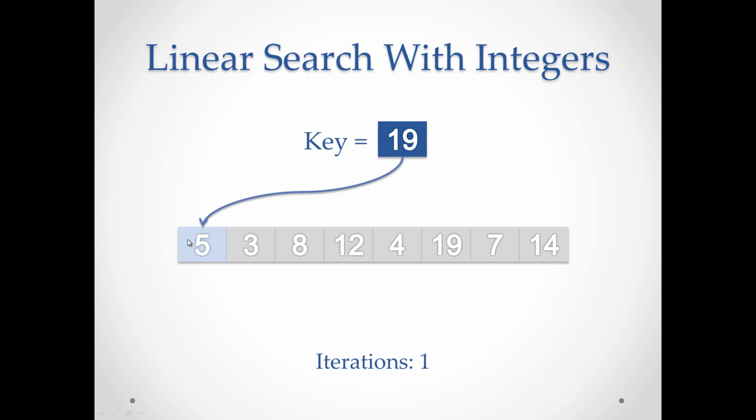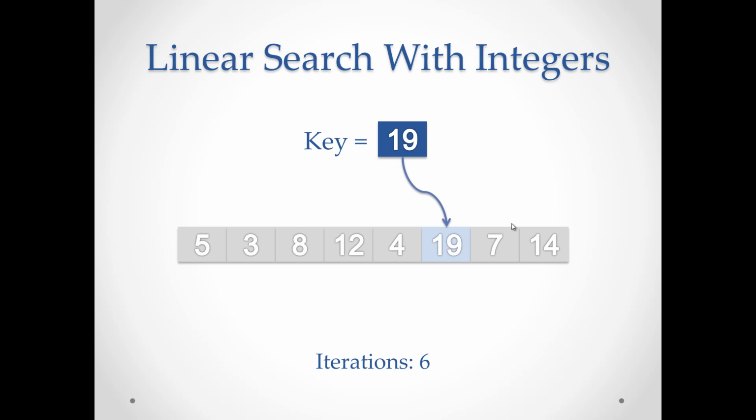Since 19 and 5 are not equal, it just moves on to the next element. It's just looking for that key value. So it compares 19 with 3, again they're not equal, so it just keeps moving on until it finds 19. So since the function finally found the key value, it just stops and returns the index that it's currently at. It's currently at the index of 5, so this function would return 5.